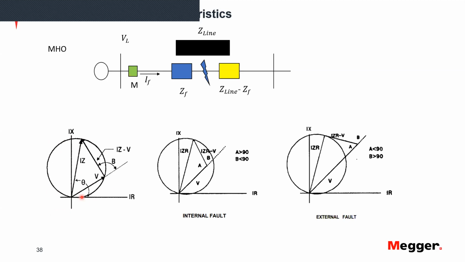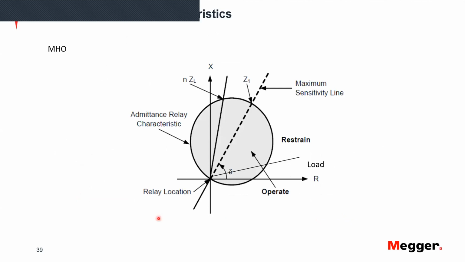I want to go back to the characteristic to show again a very important thing. For faults that happen inside the characteristic, the relay should operate. Outside, the relay should restrain. Here I'm showing a line that shows where the load would be seen in this graph. Remember, the farther out we are, the smaller the load is.